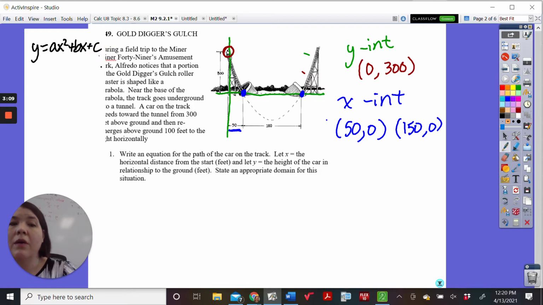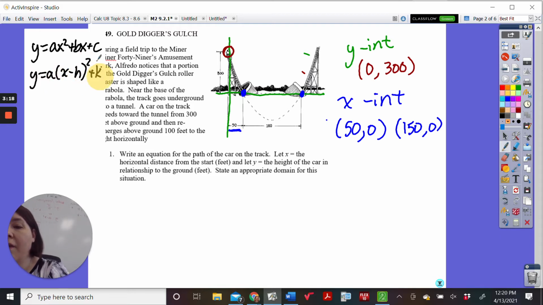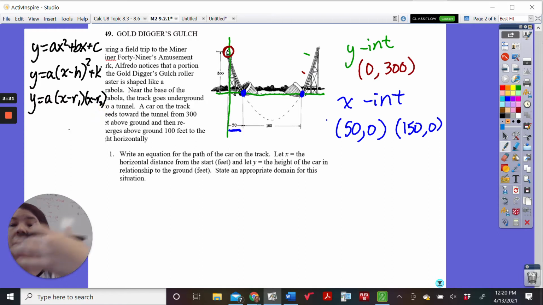That's standard form, where c is the y-intercept. We have y equals a parentheses x minus h squared plus k. That's where h and k are the vertex. And then we have y equals a parentheses x minus r1 and x minus r2, where r1 and r2 are the two x-intercepts.